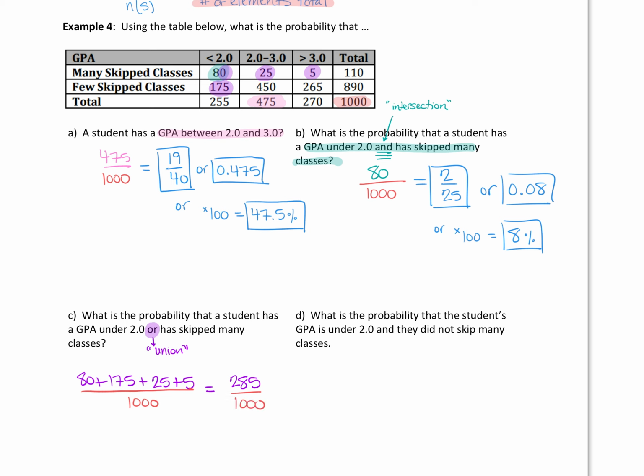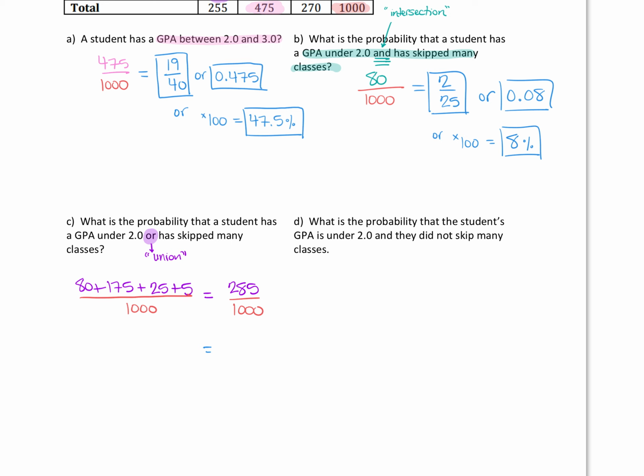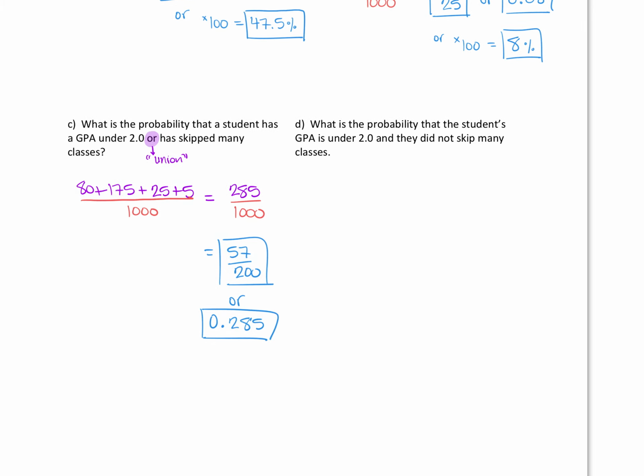And 285 out of 1,000 can be simplified to 57 out of 200, or you can write it as the decimal of 0.285, or you can write it as the percentage by multiplying it by 100 and getting 28.5%.